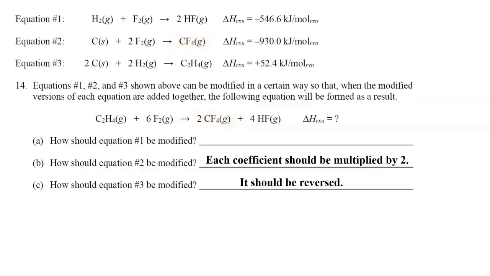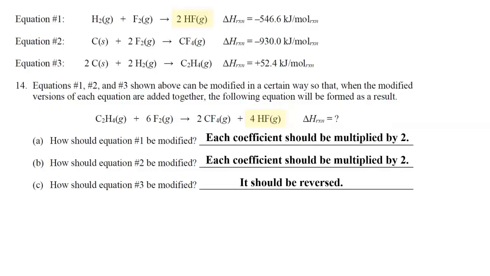And as far as the HF, in the overall equation, I would need there to be 4 moles of HF on the right side of the equation. So HF is found in equation 1, but unfortunately it's not got the right coefficient. So if I take equation 1 and I also multiply each and every coefficient by 2, then I will get 4 moles of HF on the right.